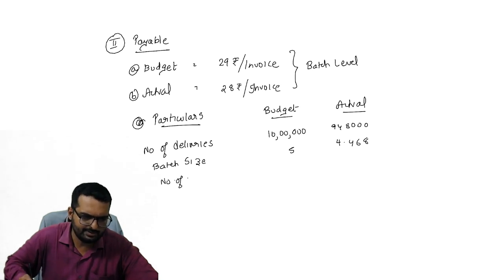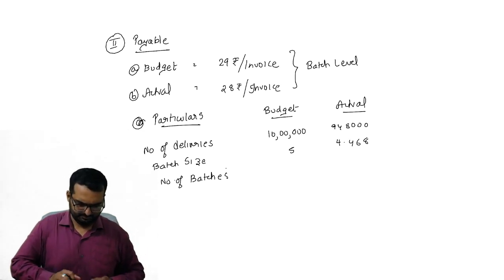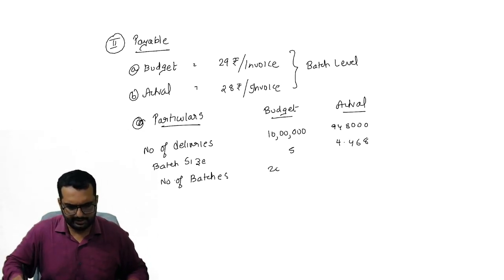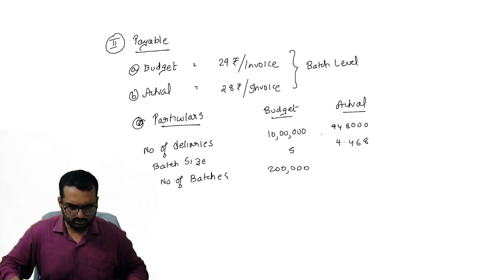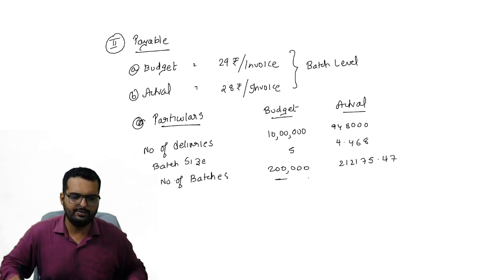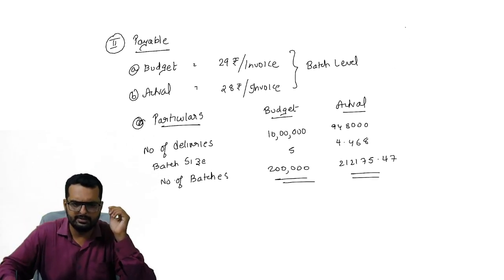So from this, can I find out the number of batches? Do I get the answer as 2,12,175.47 batches? Write down this and find out from this data.